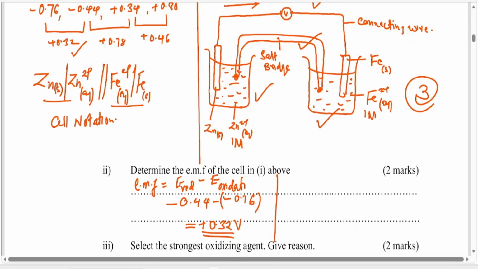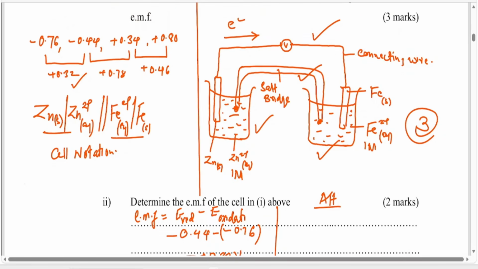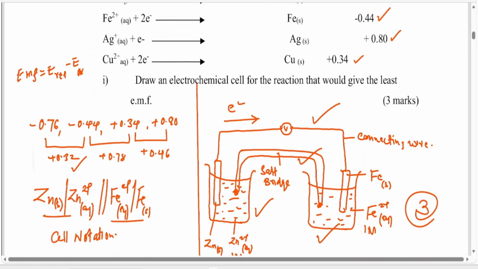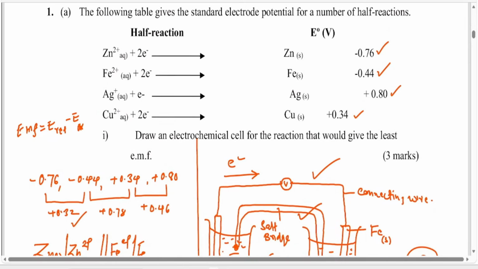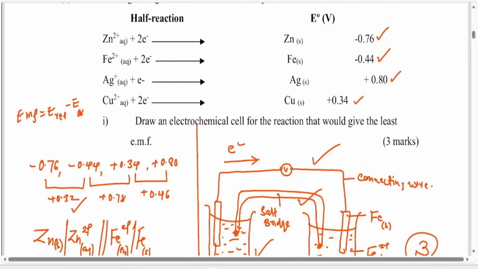We also have an alternative method, learners. The alternative method is whereby we try to rewrite these particular equations. I'm writing the one on zinc and iron. When you look at zinc and iron, you realize that all the equations have been written in a reduction form. But when you begin, you realize that the one that is undergoing oxidation should not be written in this form.